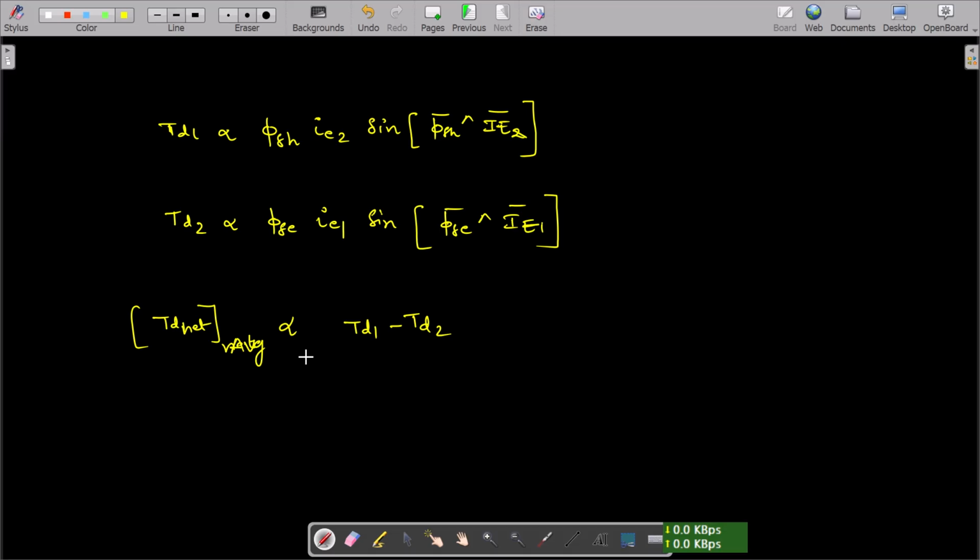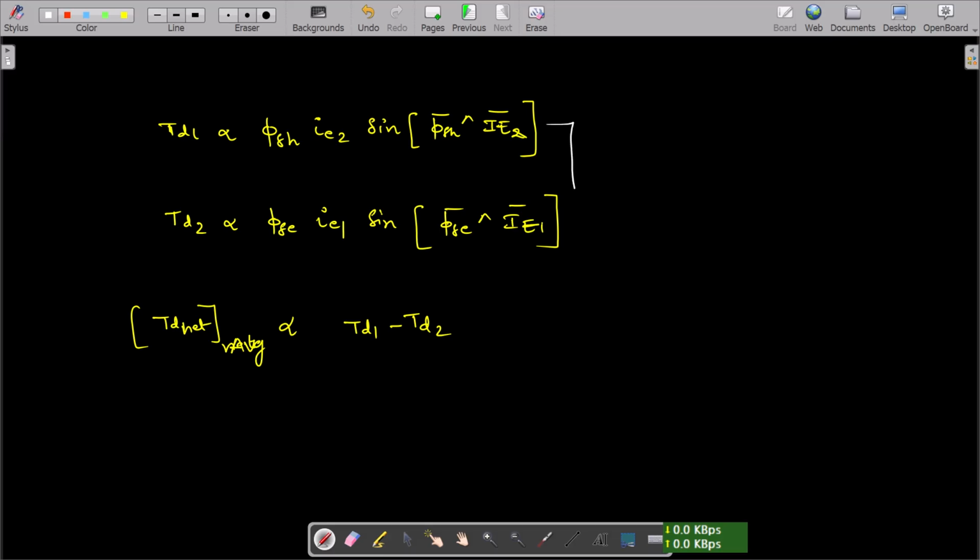On the disk we are going to have the two torques. One torque is because of the shunt magnetic flux and eddy currents induced because of the series flux, and another torque is because of the series magnetic flux and eddy currents induced because of the shunt magnetic flux. Same, because whenever a current carrying conductor is placed in a magnetic field, a torque and a force will be developed.